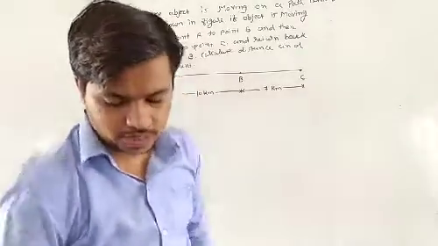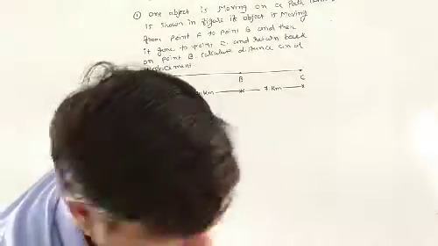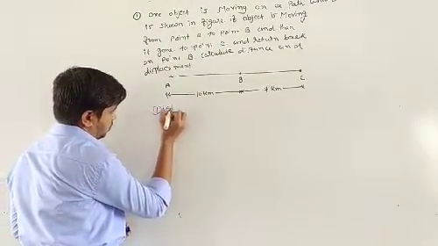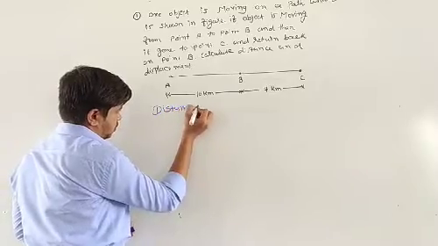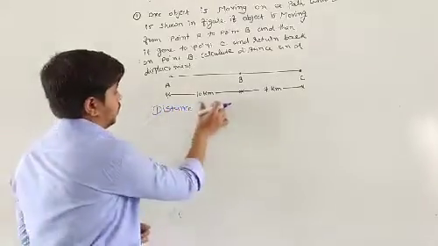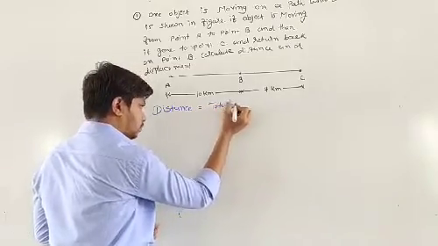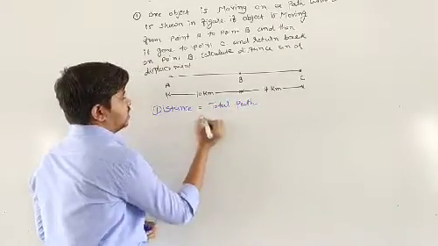Now what's happening here? First of all, we are calculating the distance. What is distance? Total path. What is the total path?